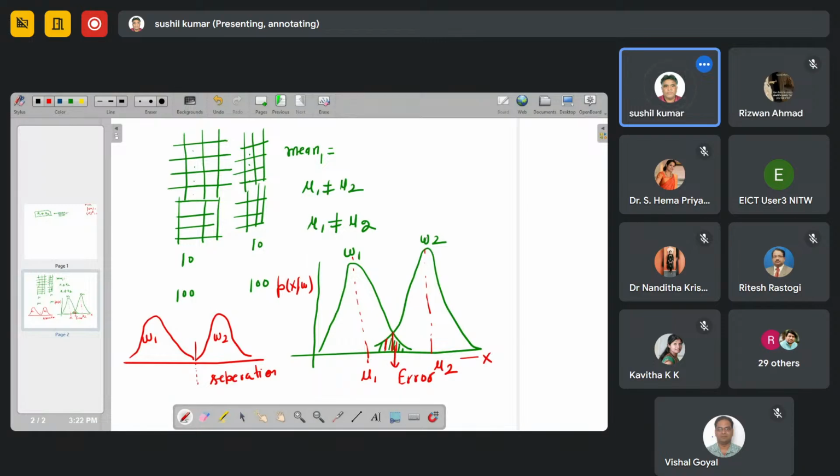So features with apart mean values are easy to classify. If the classification is not up to the mark, then try to make the means apart and add more features in the vectors. If you increase the features, chances are that the classes will be separate.